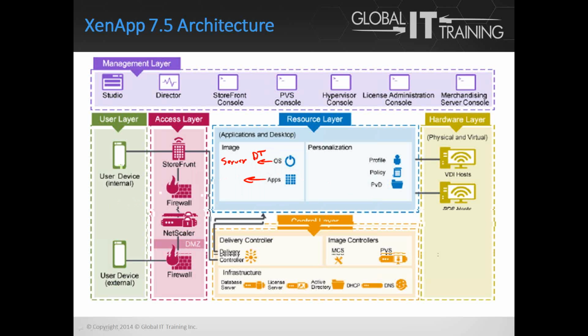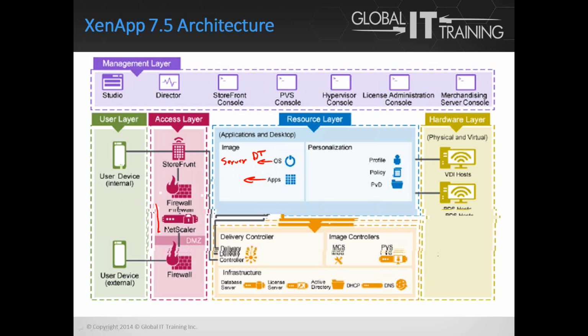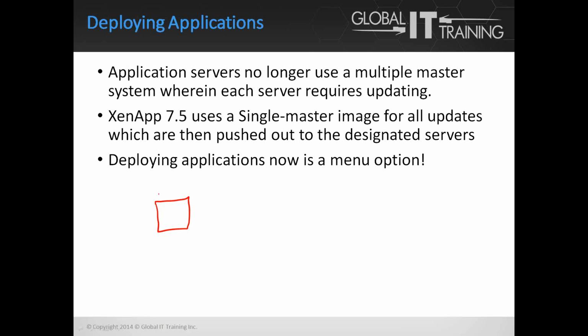In XenApp 7.5, you create a master machine, and you'll excuse my writing here. We're going to create a master virtual machine that has 2012 Server on it. We'll install all of our apps on that one server, and then we'll use Studio and clone out this system multiple times for as many servers as we need.